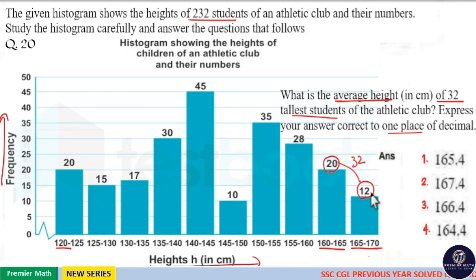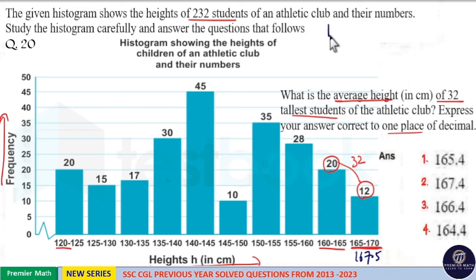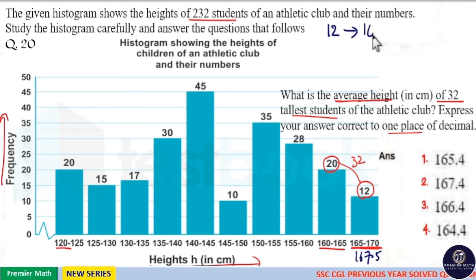Now the 12 students' height range is 165 to 170, so their average height is the middle term of 165 and 170, that is 167.5. The 20 students' height range is 160 to 165, so their average is the middle term of 160 and 165, which is 162.5.